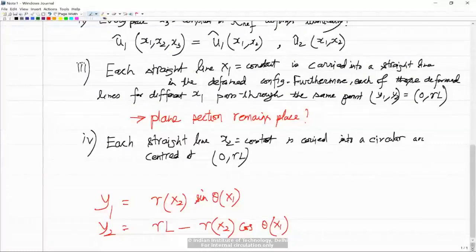As per the given assumption, or let us say some of you have already seen pure bending. So what do you think? What should radius be a function of? What should theta be a function of? So Deepshikha says directly proportional. Which one directly proportional? Okay, so Shubham says R is linear in x2.